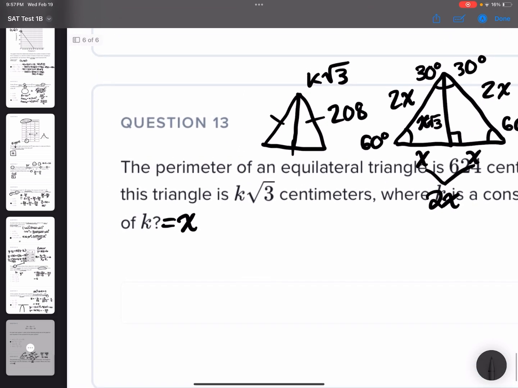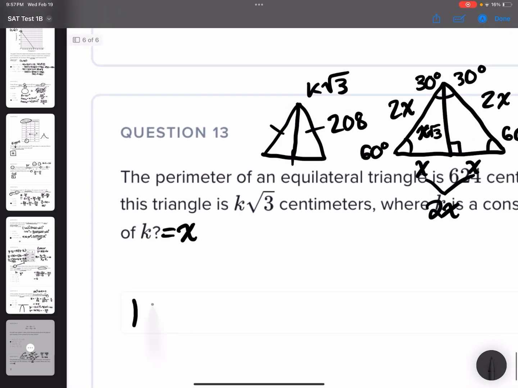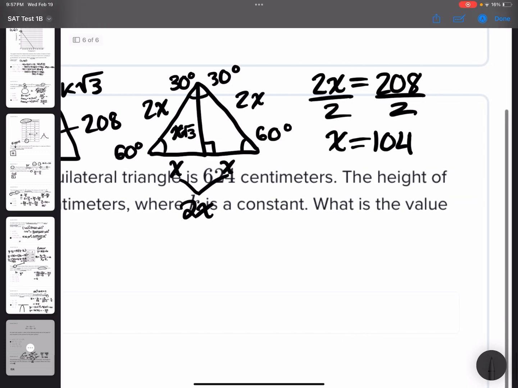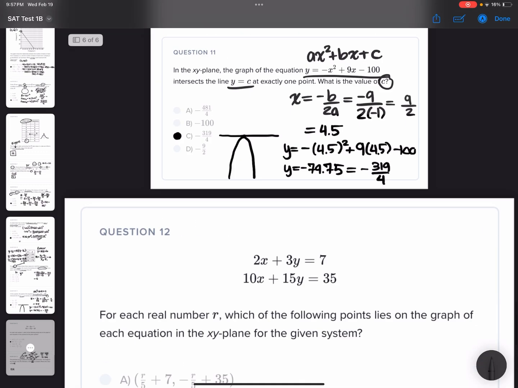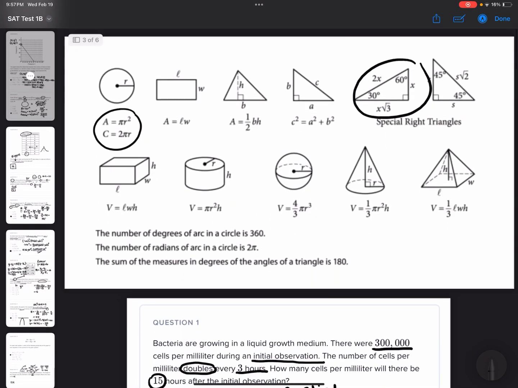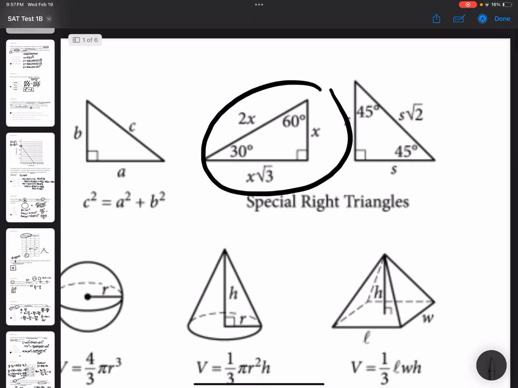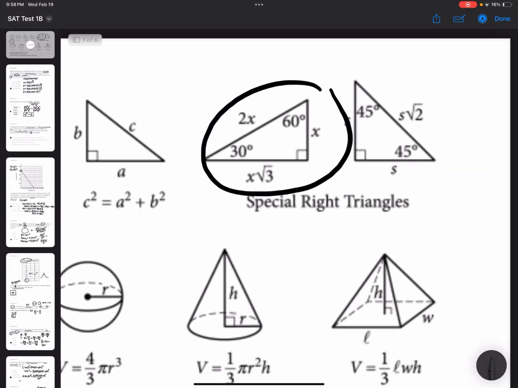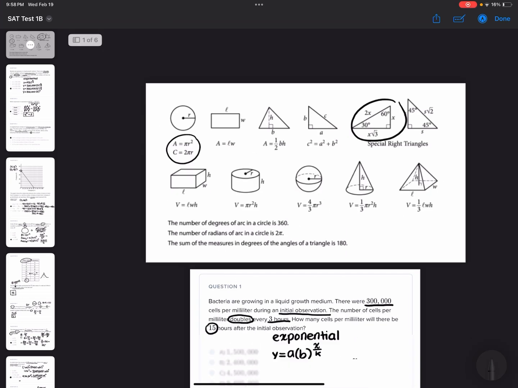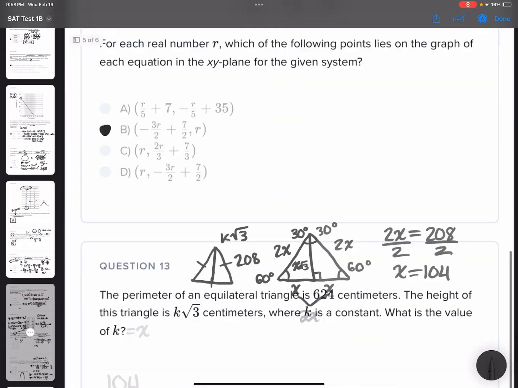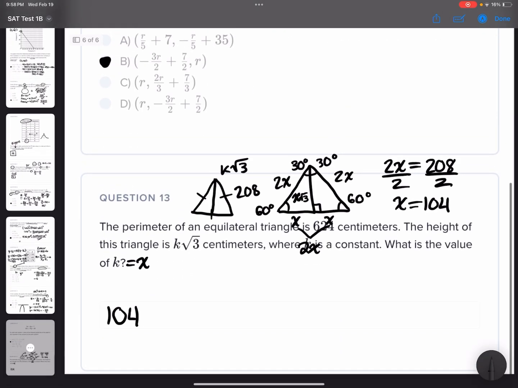Now, I took a considerably long time doing this, and this is because I have not reviewed or studied for the math section of the SAT at all, but since you guys are watching me solve this problem, definitely touch up on the relationships of the 30, 60, 90 triangle, and then the relationships of 45, 45, 90, okay? That is how we got our answer. X, or technically k, should be 104.